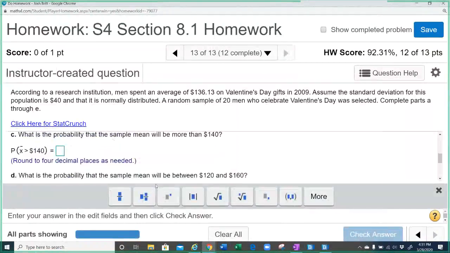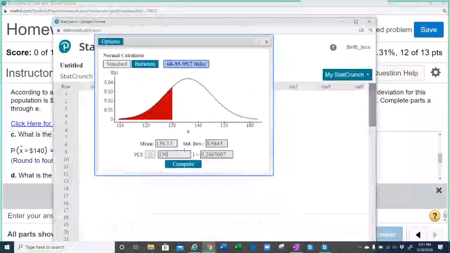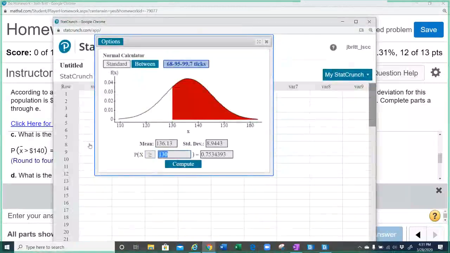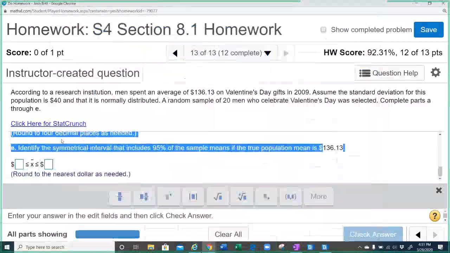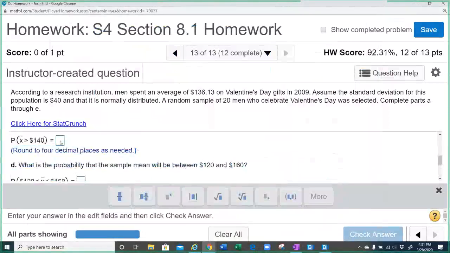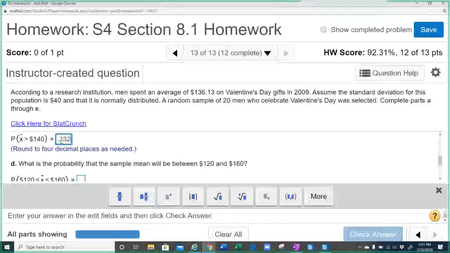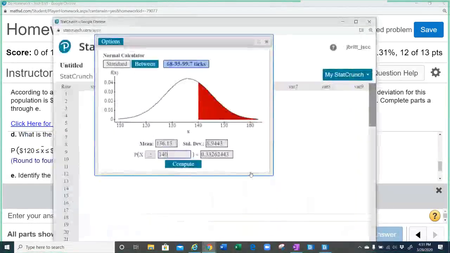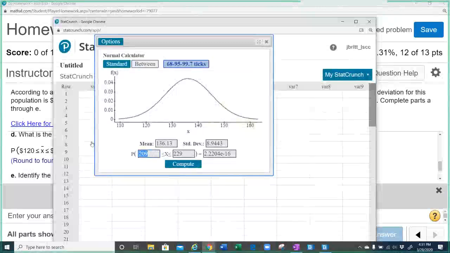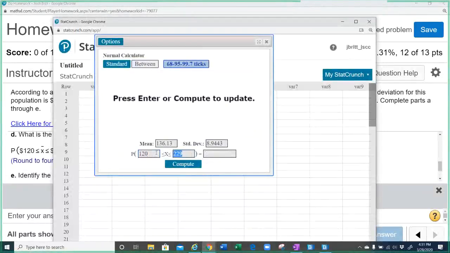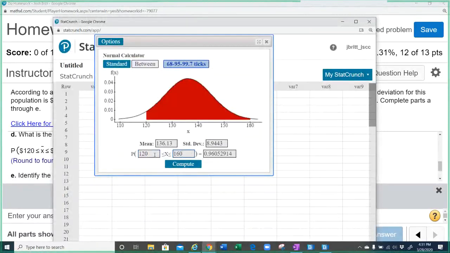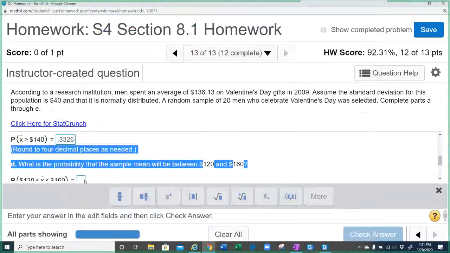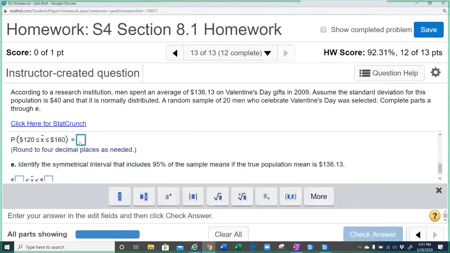Then we'll do greater than 140. Greater than 140 gives 0.3326. Between 120 and 160 gives 0.9605.